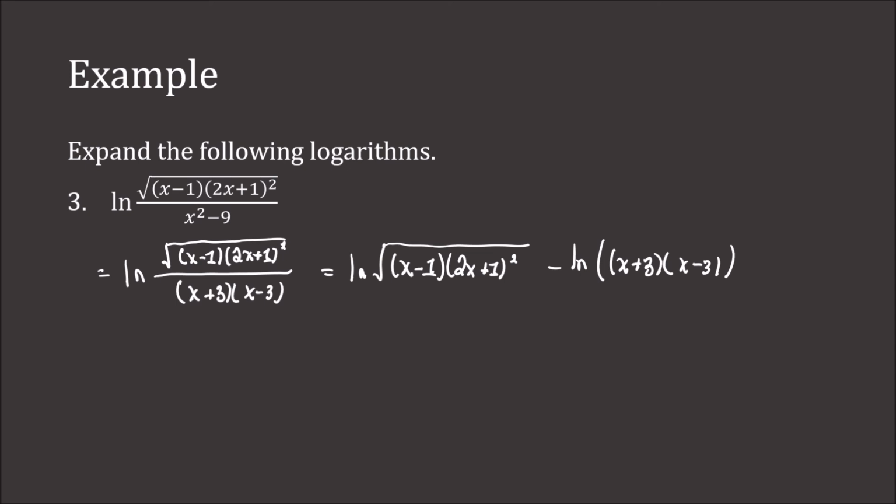So for this term here, we can use the power law. So that is 1/2 times the log of x minus 1 times 2x plus 1 squared. Then on this term, we can use product law.